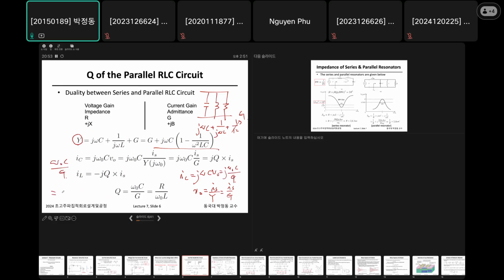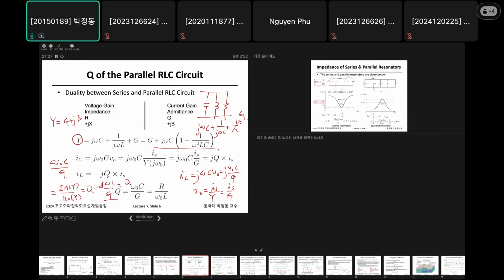Which is exactly, if I just put Y equals G plus jB, this is the imaginary of Y, this is the real of Y, right? This is the definition of Q. So the real value of Y is G, the imaginary of Y is j omega C. So this is a Q, okay?